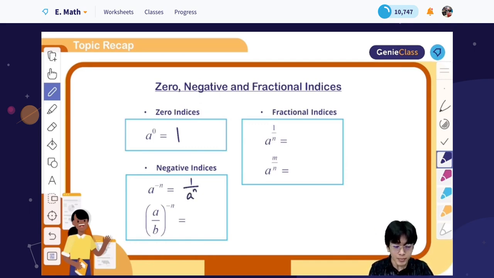So if you have (a over b) power negative n, what does that mean? What happens when you divide by a fraction? Anyone?